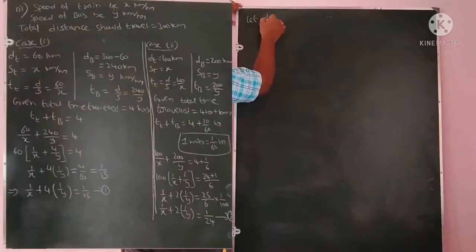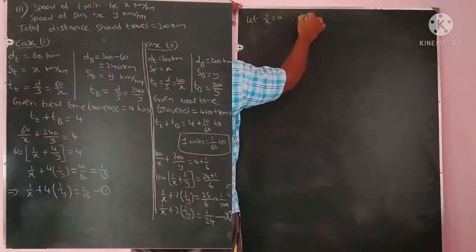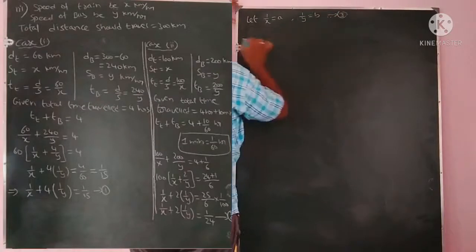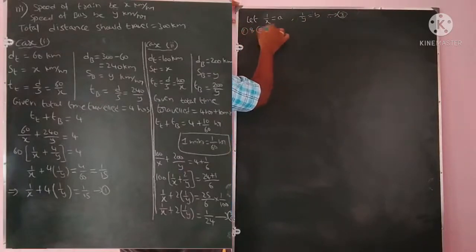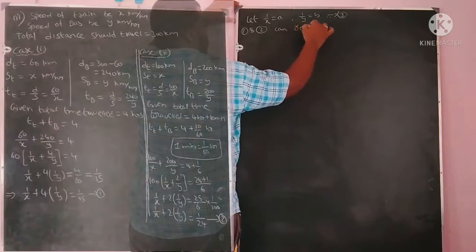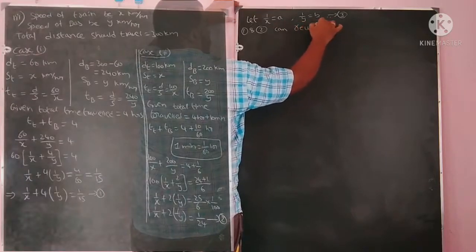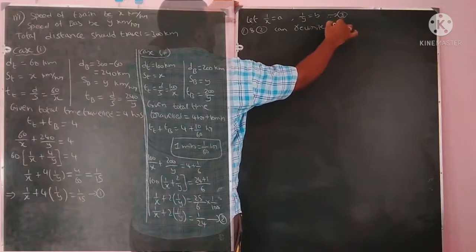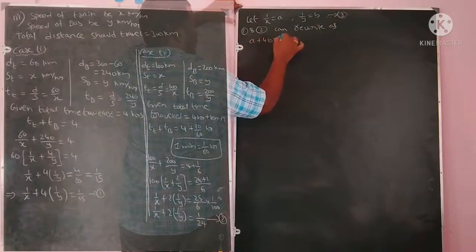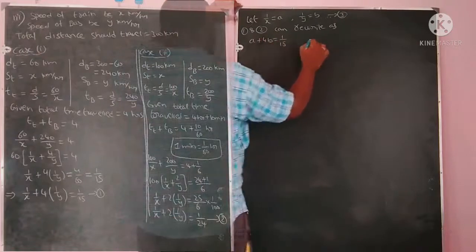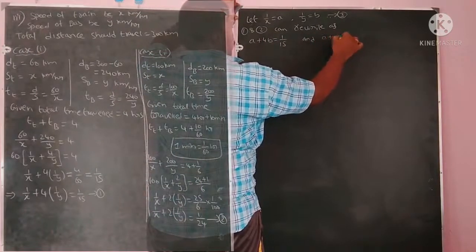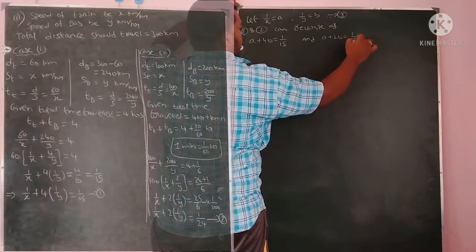Let 1 by x be equal to a and 1 by y be equal to b. Suppose equation 3. So equations 1 and 2 can be rewritten as a plus 4b is equal to 1 by 15 and a plus 2b is equal to 1 by 24.